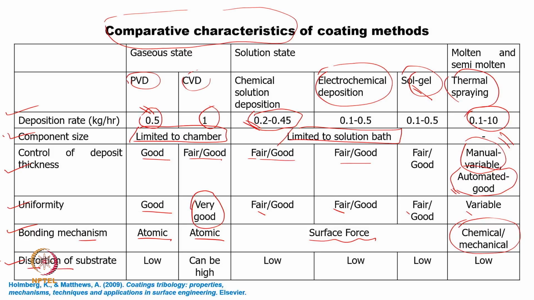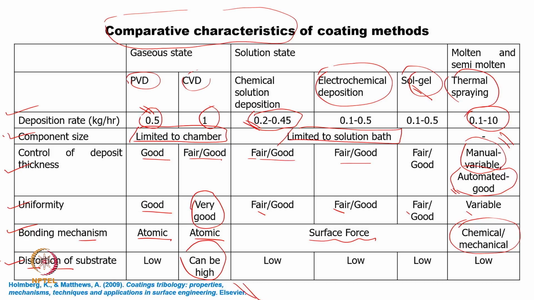Coming to distortion, the only major problem is CVD, the reason being the substrate is also heated. If it is temperature sensitive, the deformation can be on the higher side, and that needs to be considered. More details are given in this literature, 2009 coating tribology.